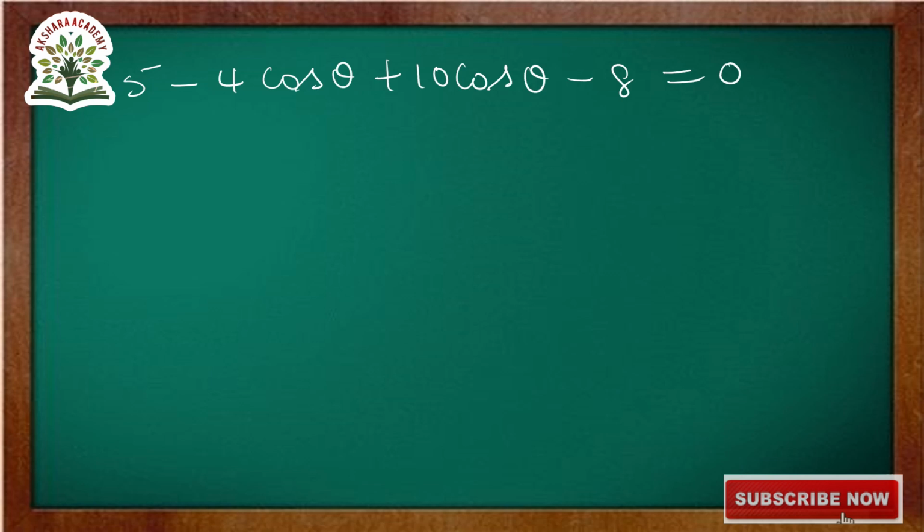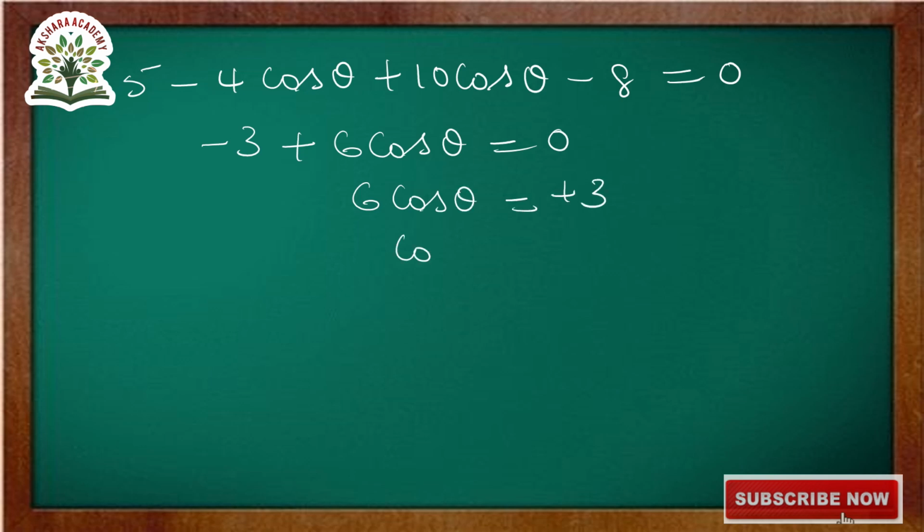Here 5 minus 8 is minus 3, 10 cos theta minus 4 cos theta is 6 cos theta, equal to 0. 6 cos theta is equal to minus 3, which becomes plus 3. Cos theta is equal to 3 by 6, that is equal to 1 by 2.